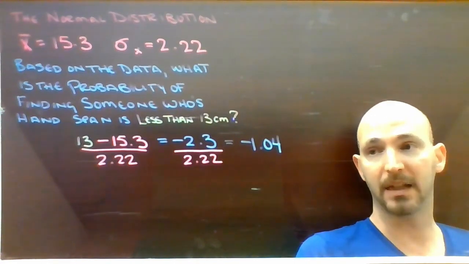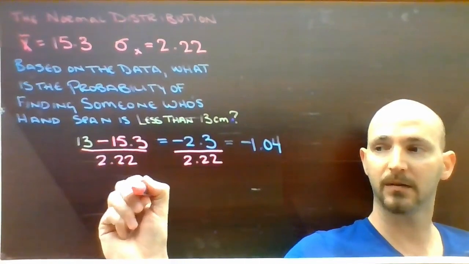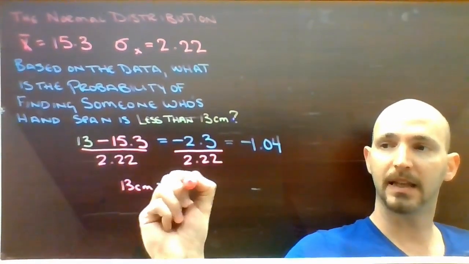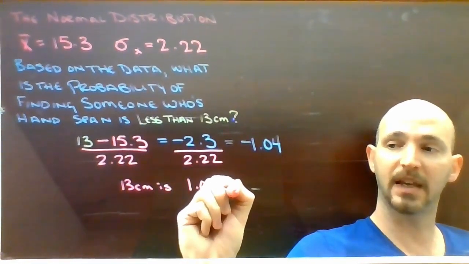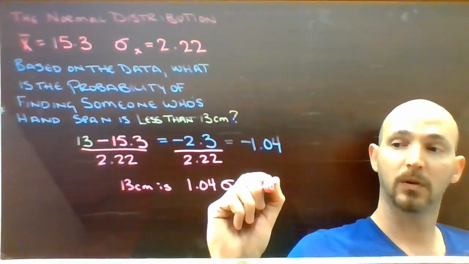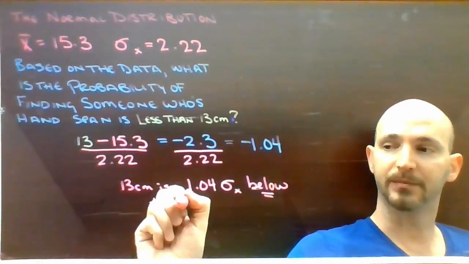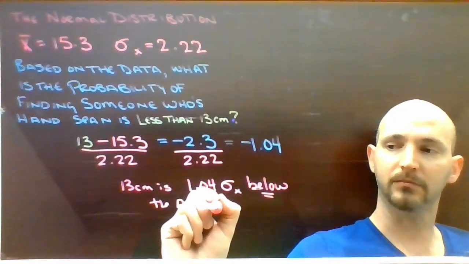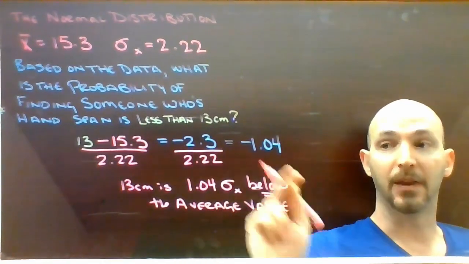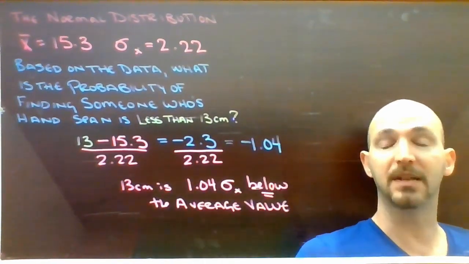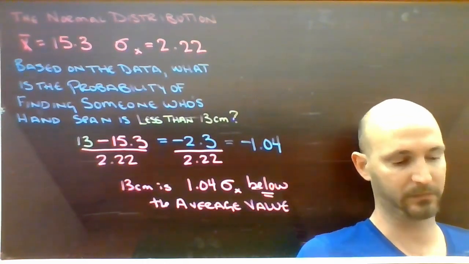So what that's telling me is that the data point 13 centimeters is 1.04 standard deviations below, because it's negative, the average value. Now, this quantity, the number of standard deviations I am below or above the average, is called a z-score.